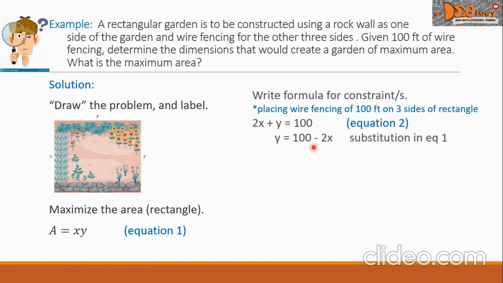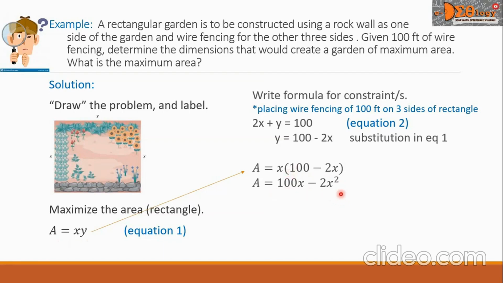And from here, we will substitute this y in terms of the variable x in equation 1. So the area formula will be A equals x times y, but the y becomes 100 minus 2x. Simplifying the right side, we have now 100x minus 2x squared.